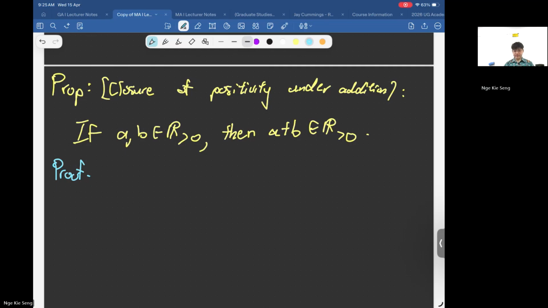Okay, let's try. So again, I will prove by contradiction. We want to show that A plus B is in R positive.